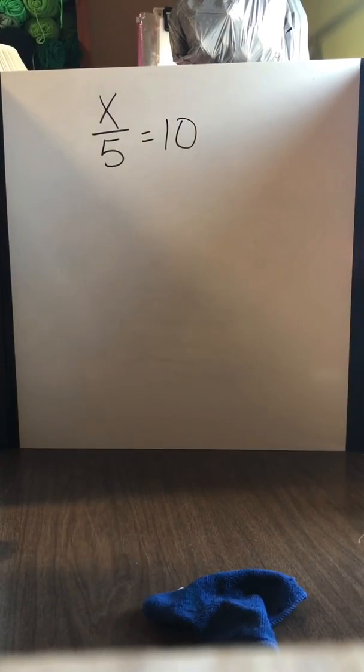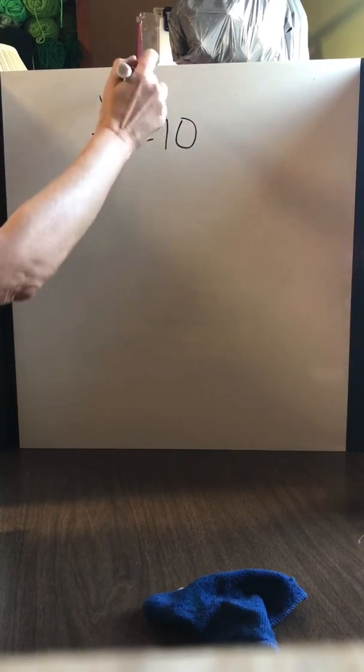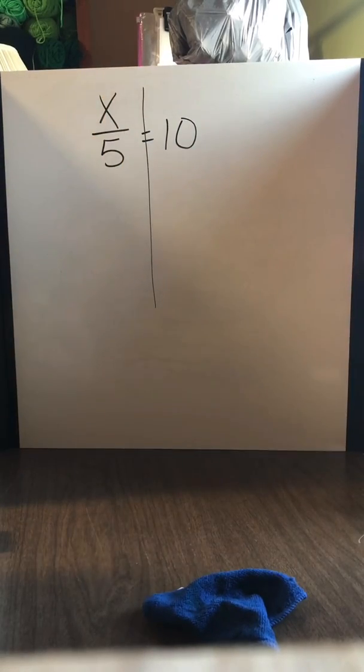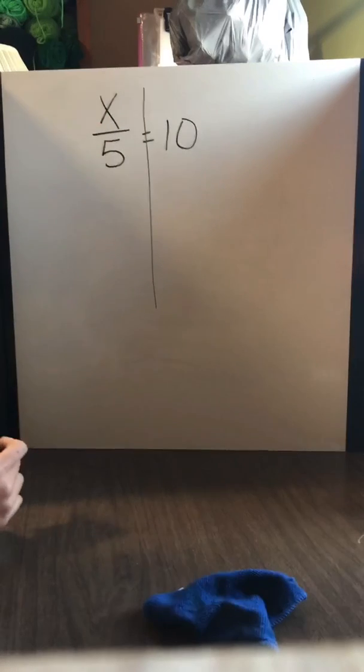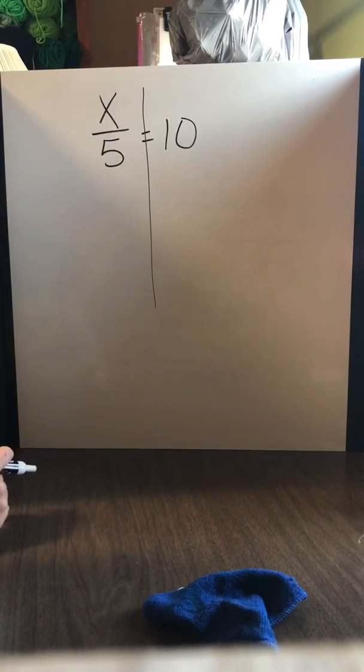All right, so on this one, we're actually going to draw our line, and now we're taking x and dividing it by 5. So to get rid of the 5, we have to do the opposite. And since this is division, x divided by 5, the opposite of division would be multiplication. So we want to multiply by 5.